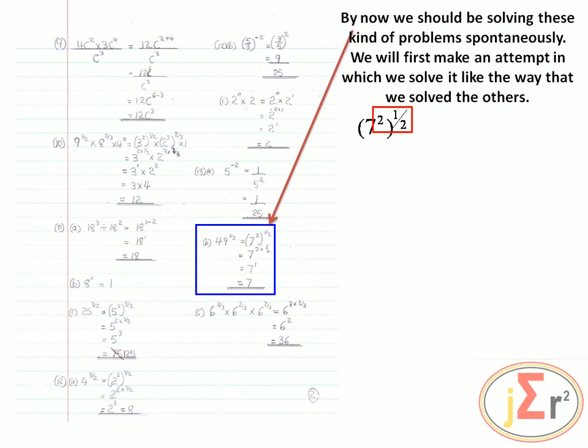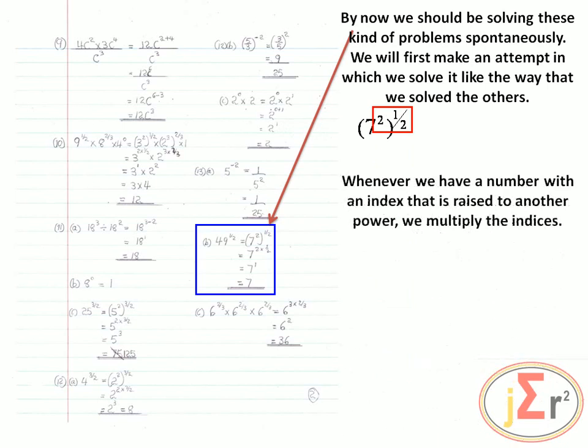And that whole number 2 is a fraction whose denominator is 1. And that is what we will write when we are multiplying those numbers, because whenever we have a number with an index that is raised to another power, we multiply the indices.